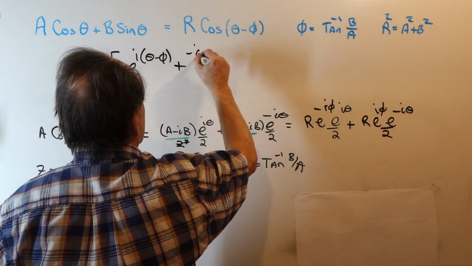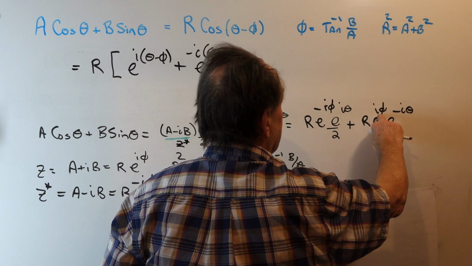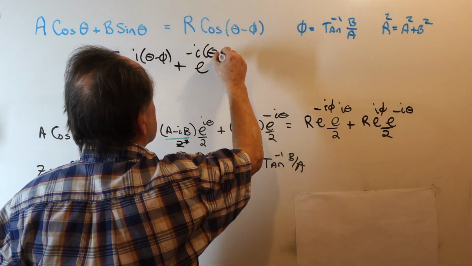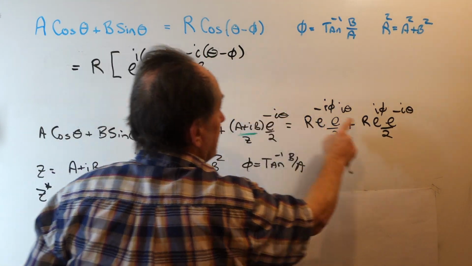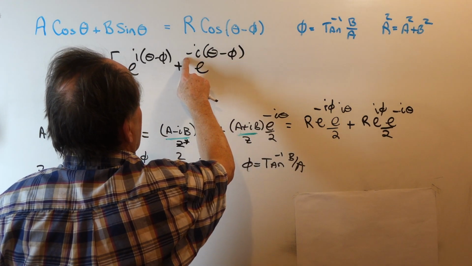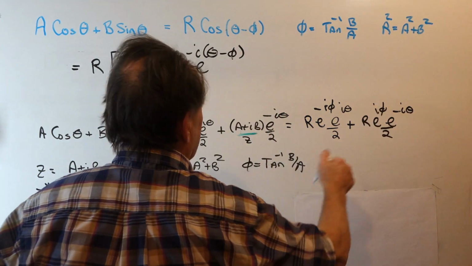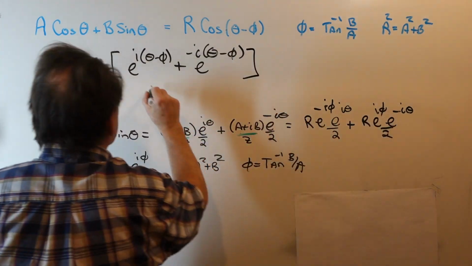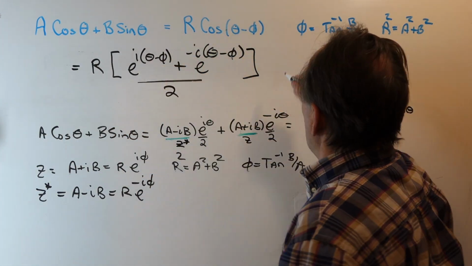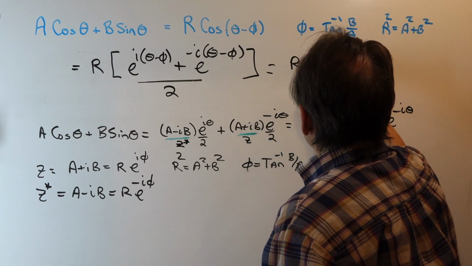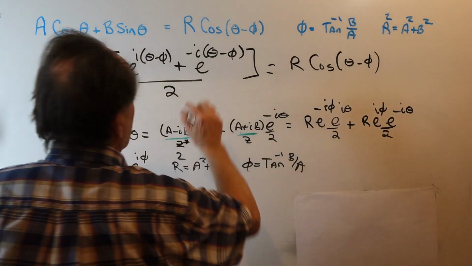The phi here is positive, so we have to negate it if we're putting the minus sign out front. So this is e to the minus i theta plus, we got a minus i and a minus, so this is plus i phi. And then both terms have a 2, so that's over 2. Now we recognize this as being the exponential form for cosine. This is r times the cosine of theta minus phi. What we are looking for right here.